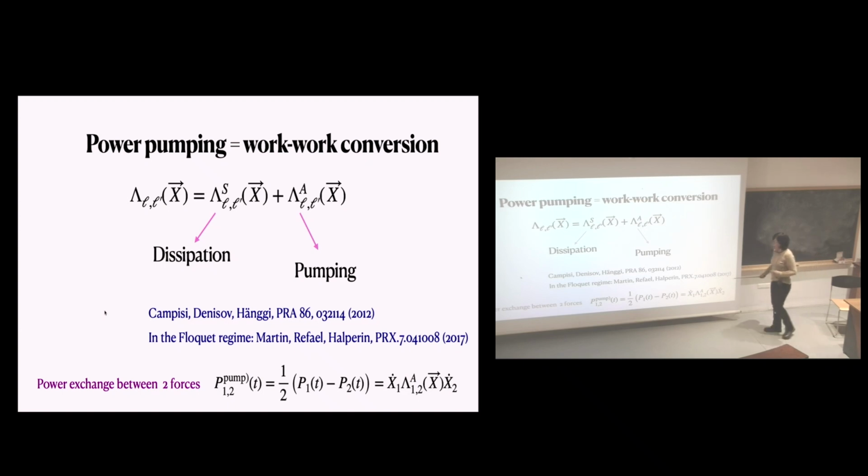And if this gives you a nonzero number on average, after averaging over time, this means that one of the forces will always be giving some work to the other. And precisely this is what is described with this antisymmetric term. This is not quite an explored concept so far, but there are some works.